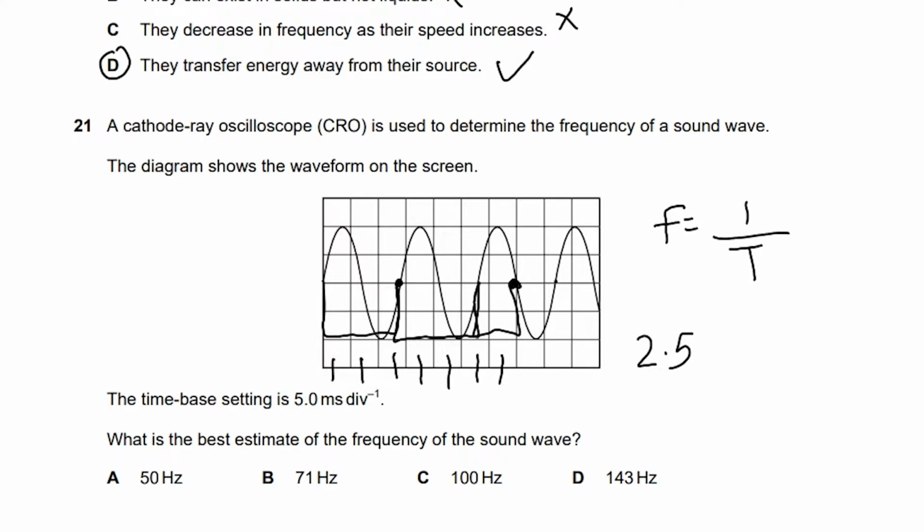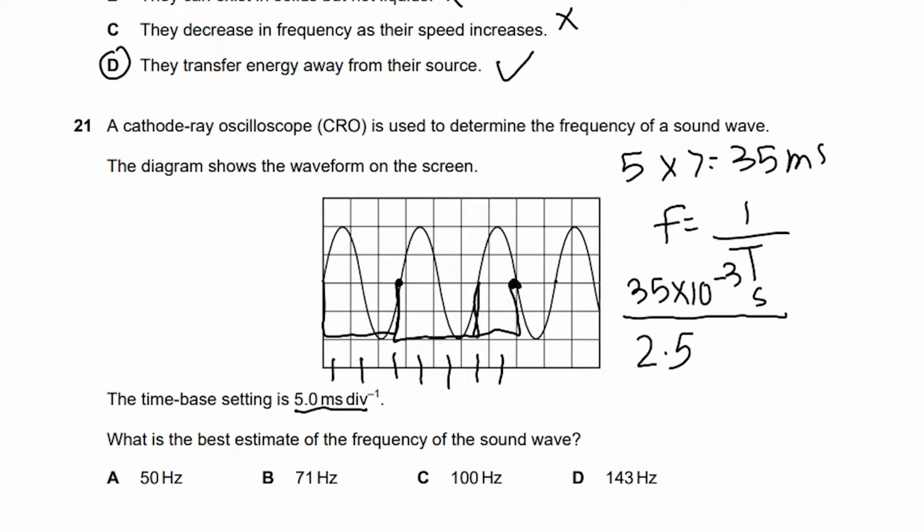One division represents 5 milliseconds. So 5 multiplied by 7 is 35 milliseconds. And 1 millisecond is 10 raised to the power minus 3 seconds. So the time is 35 multiplied by 10 raised to the power minus 3 seconds for 2.5 waves. Okay. This is the time taken for 2.5 waves.